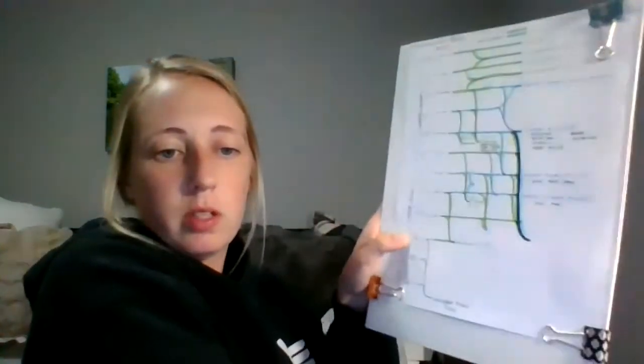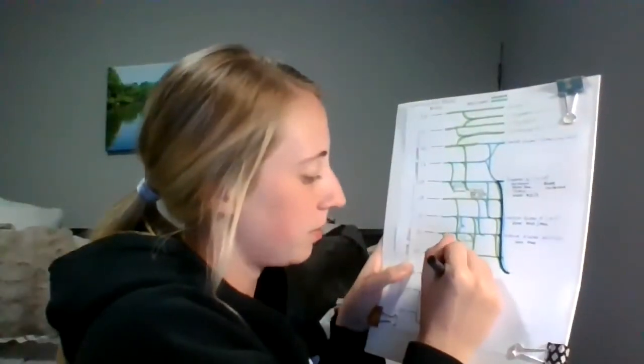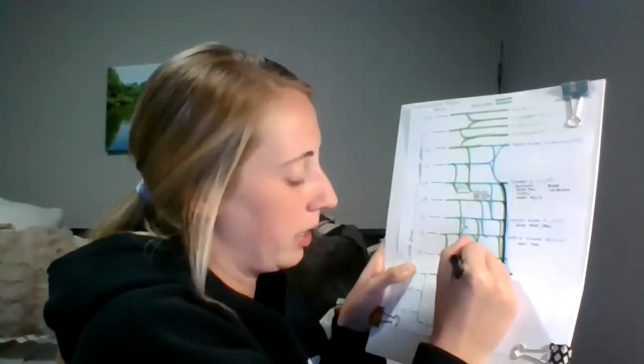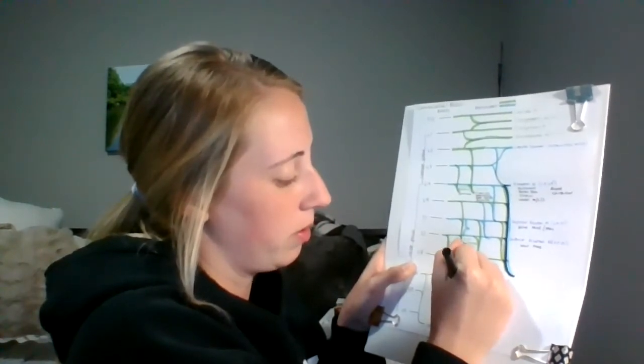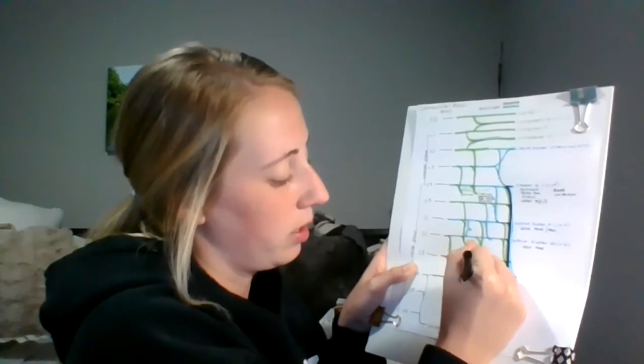And the pudendal nerve innervates the external anal sphincter and the external urethral sphincter.